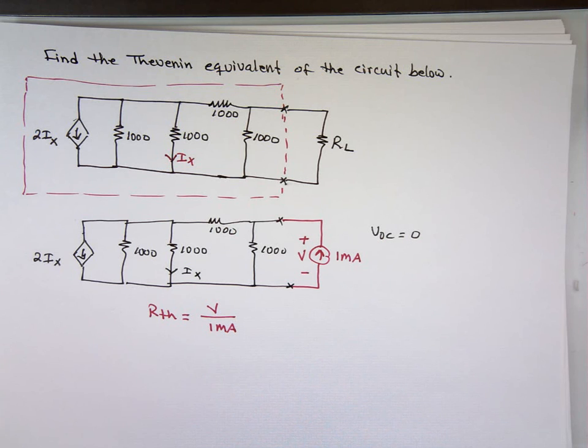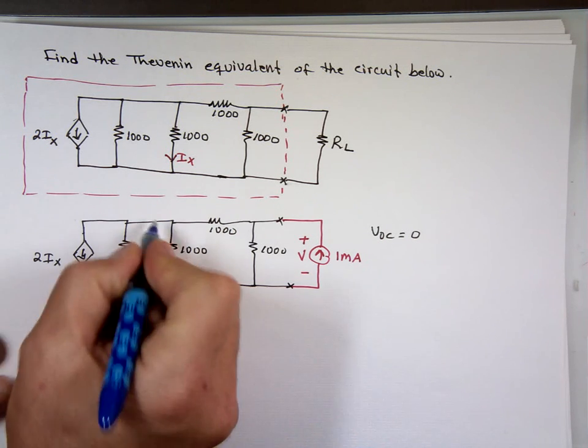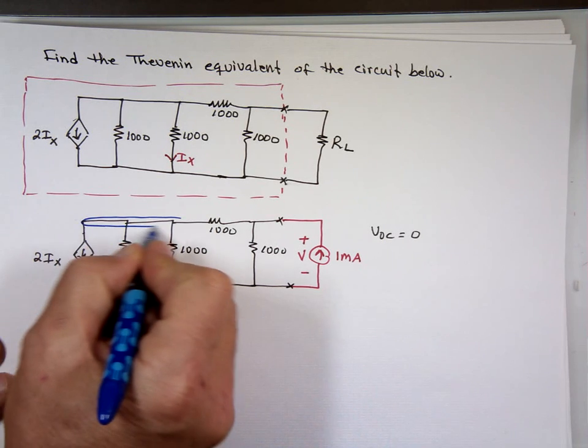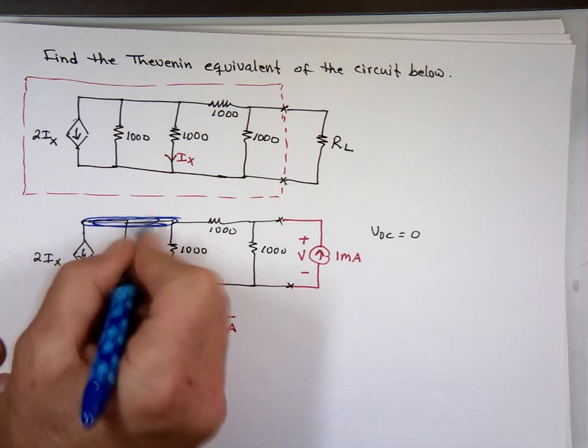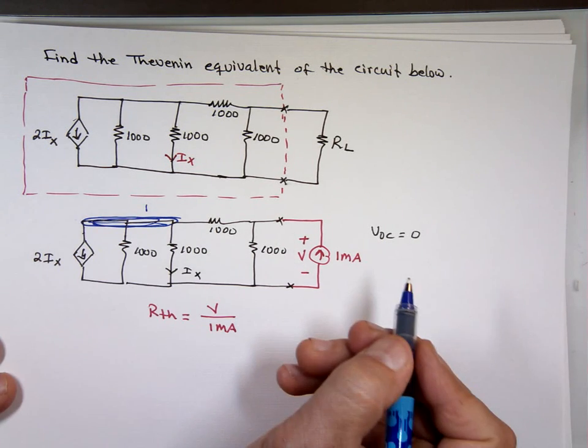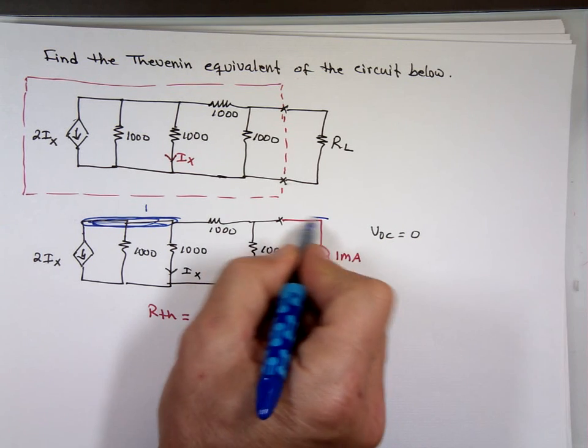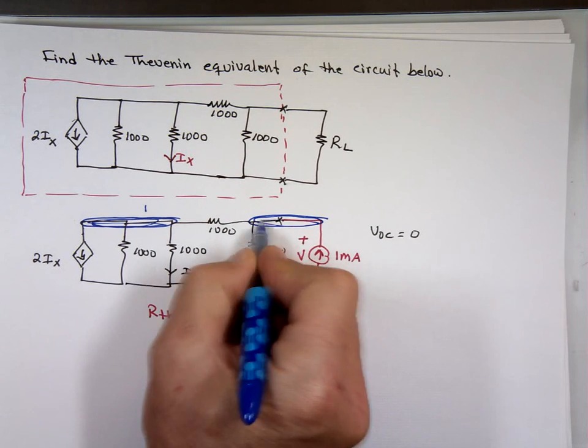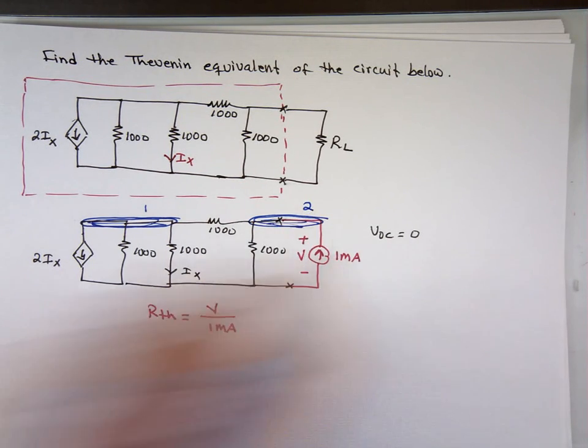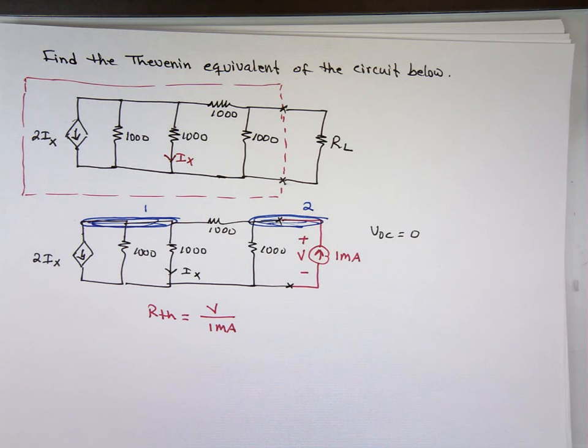If you look at that, you really have 2 nodes. This is node 1, and this is node 2. I can do KCL at each node, and I have 2 equations by 2 unknowns, and I'm done.